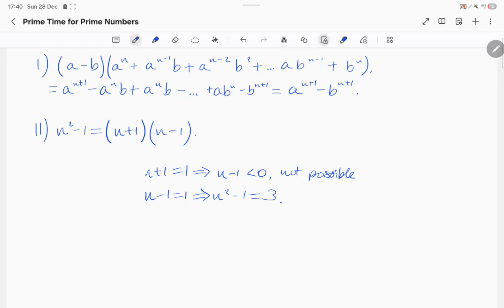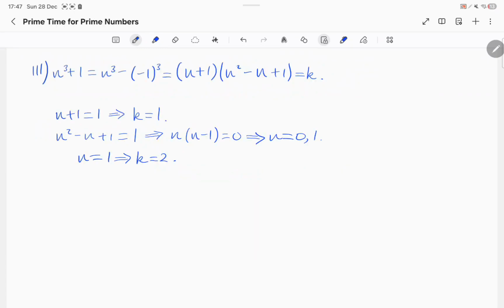Firstly, setting n + 1 equals 1 will give a negative number overall, and this is not possible for a prime number. Next, we can set n − 1 to be 1, and therefore our number is 3, which is already given. Therefore, we only have 3 as a potential prime number of this form.